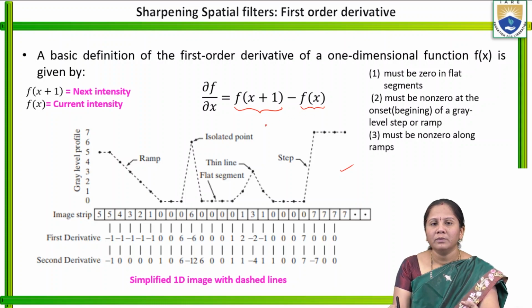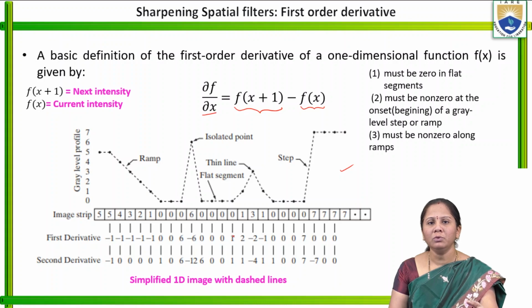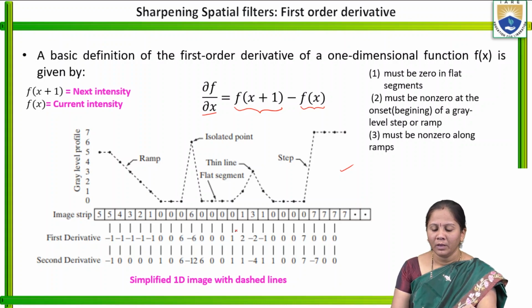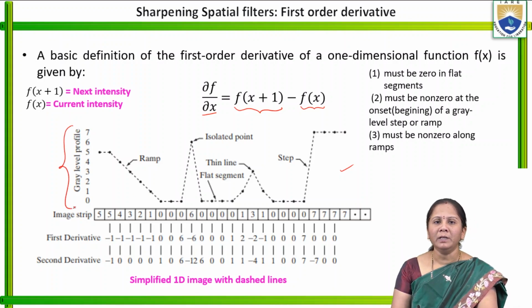If you calculate these values, whatever we get will be equal to dou f by dou x at that particular point.